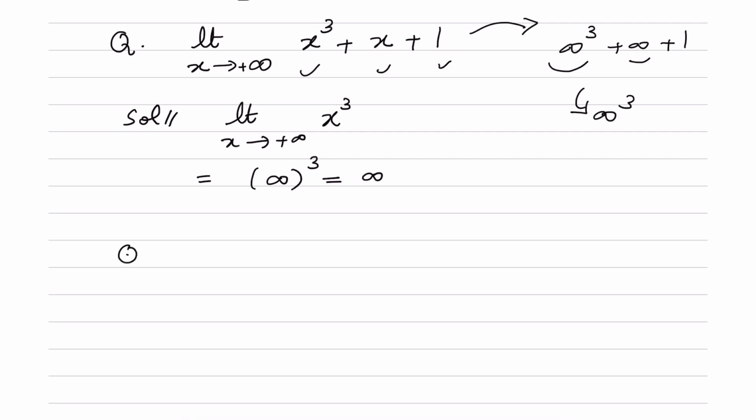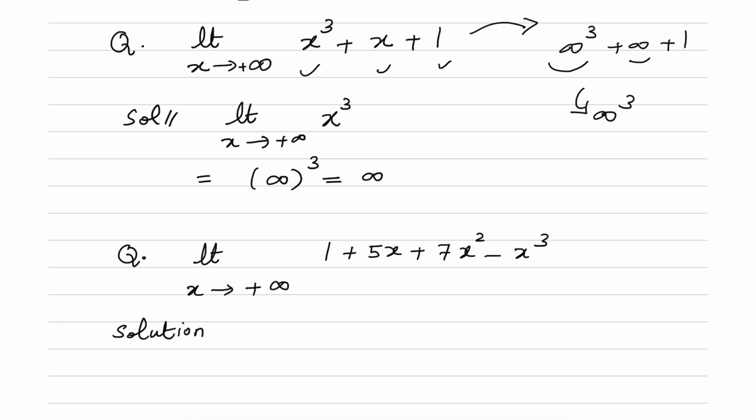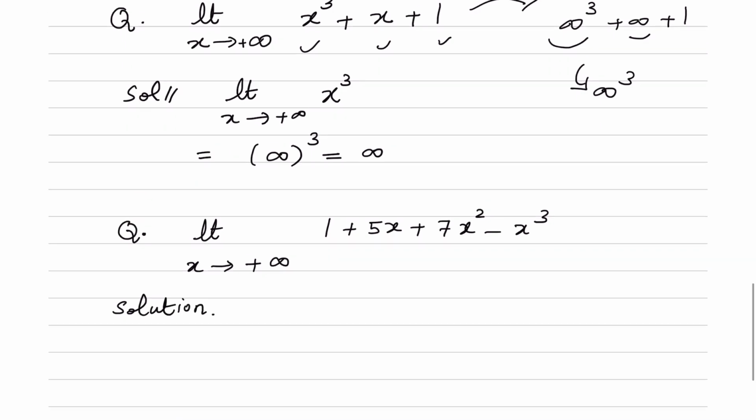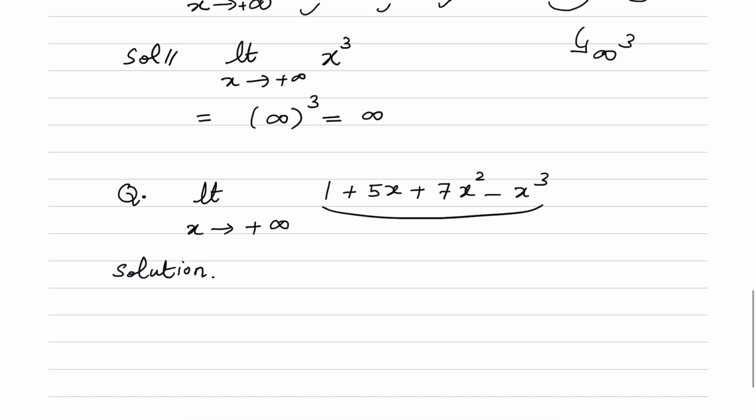Let's look at another question. We have to find the limit when x is approaching plus infinity for a function. You can see that this is a limit at plus infinity question and the limit is calculated for the polynomial, which is this. So like before, we will only keep the highest degree term. Here the highest degree term is the cubic term along with its sign, minus x cube.